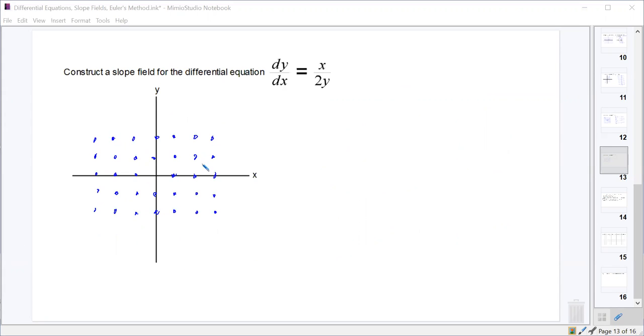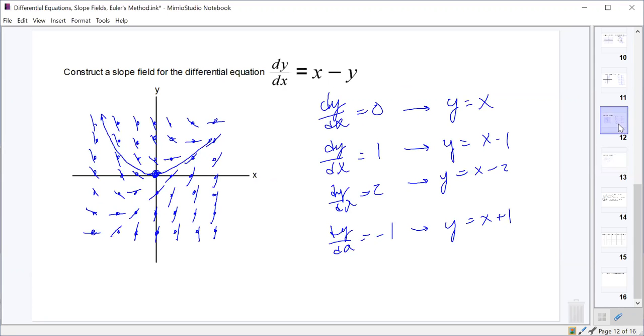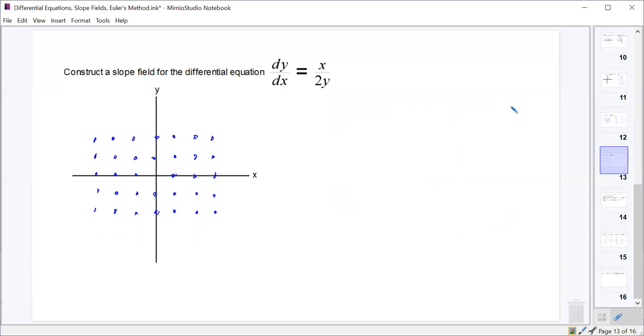So these are the points I want you to do, from -2 to 2 and -3 to 3 for the y and x values on that one. For x over 2y, Molly, there's the other one.